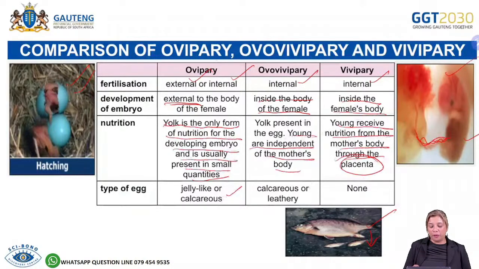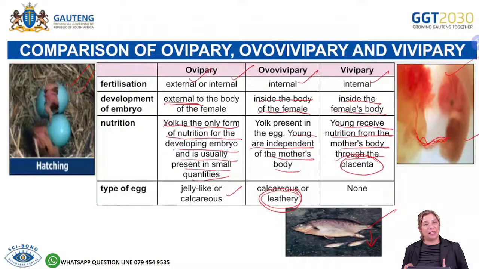And then in ovovivipary, it is calcareous or leathery. Most of the time, it's leathery, like in the shark, so that it's easier to house inside the female's body. And in vivipary, there is no type of egg there, okay?